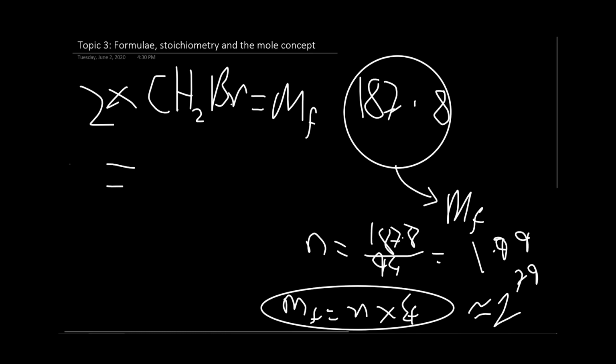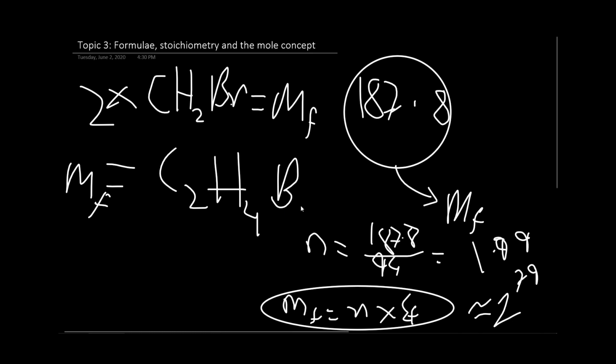So our MF will be C2H4Br2. Voila. That is our molecular formula. That is how you deduce the molecular formula of a compound using this technique.